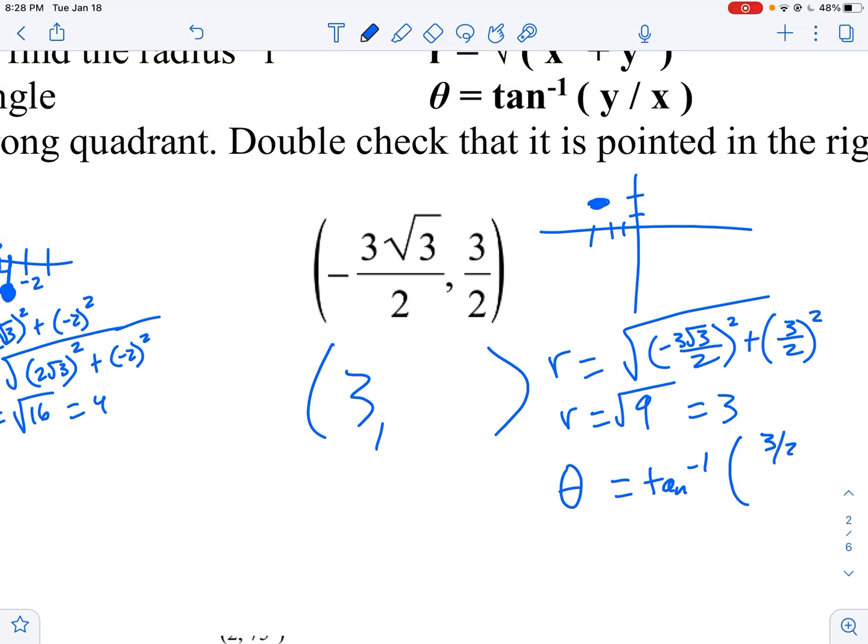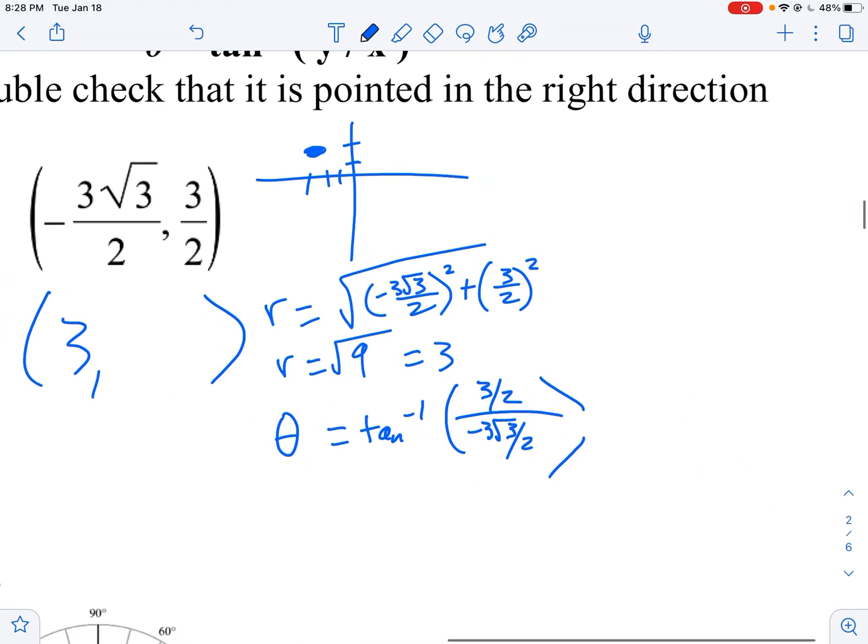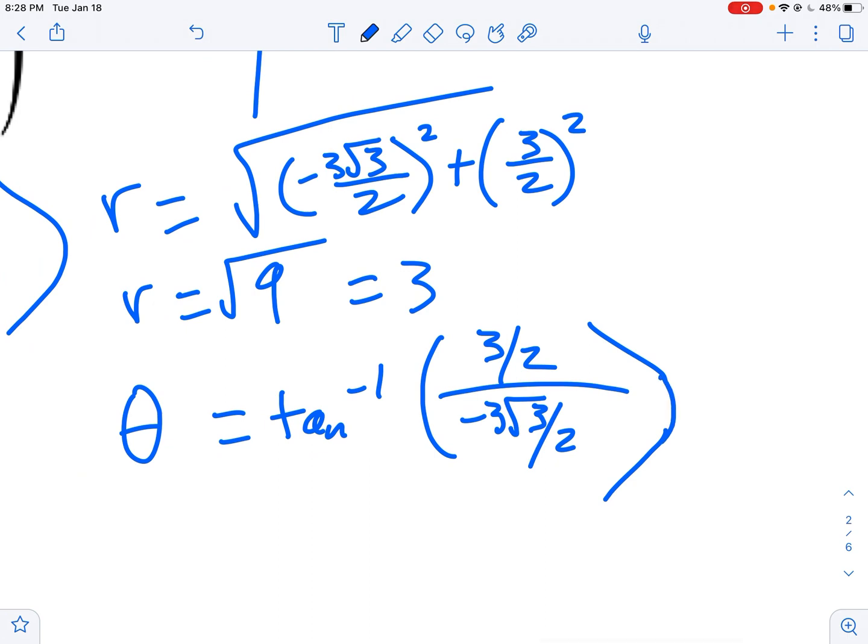So 3/2 over negative 3 root 3 over 2. It's kind of a mess, but use parentheses. Yeah, like in the calculator, put parentheses over all this stuff here. So I'm going to do that again.